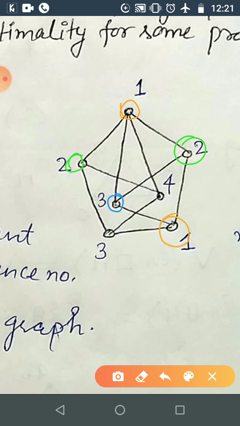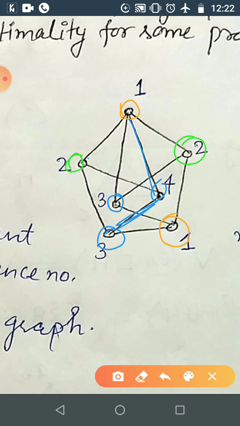Now 3 is adjacent with 1 from this side, 2, 1. Yeah. Now also this vertex is adjacent with 2 and 1, first and 2. So this and these two vertices are non-adjacent, so we can use the blue color. Correct? And now this vertex is adjacent with 3, so we can't use 3.